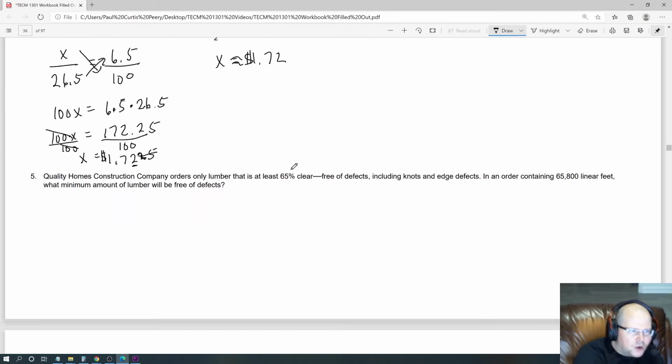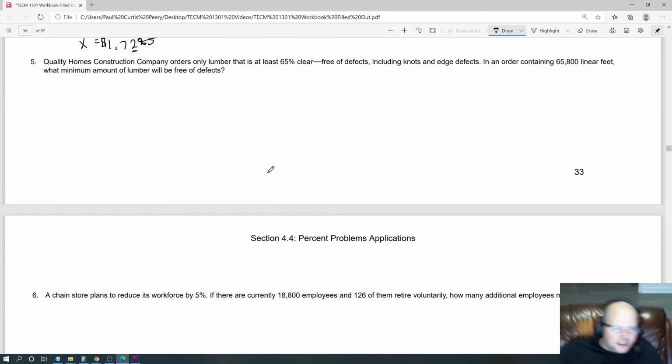All right. Quality Homes Construction Company orders only lumber that is at least 65% clear, free of defects, including knots and edges. In an order containing 6,580 linear feet, what minimum amount of lumber will be free of defects? All right, so we don't have the whole amount, but we do know that the part we want is the 6,580, and we know we have 65%.